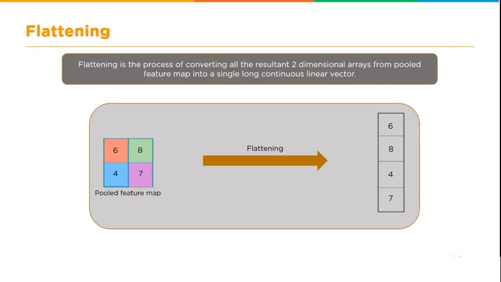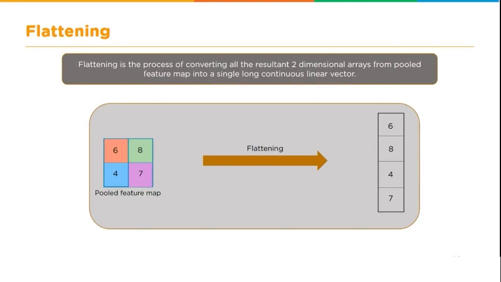So the next step is we want to reduce those dimensions, or flatten them. Flattening is the process of converting all of the resultant 2-dimensional arrays from the pooled feature map into a single long continuous linear vector. Over here you see where we have a pooled feature map. Maybe that's the bird wing, and it has values 6, 8, 4, 7. We want to flatten this out and turn it into 6, 8, 4, 7, a single linear vector.